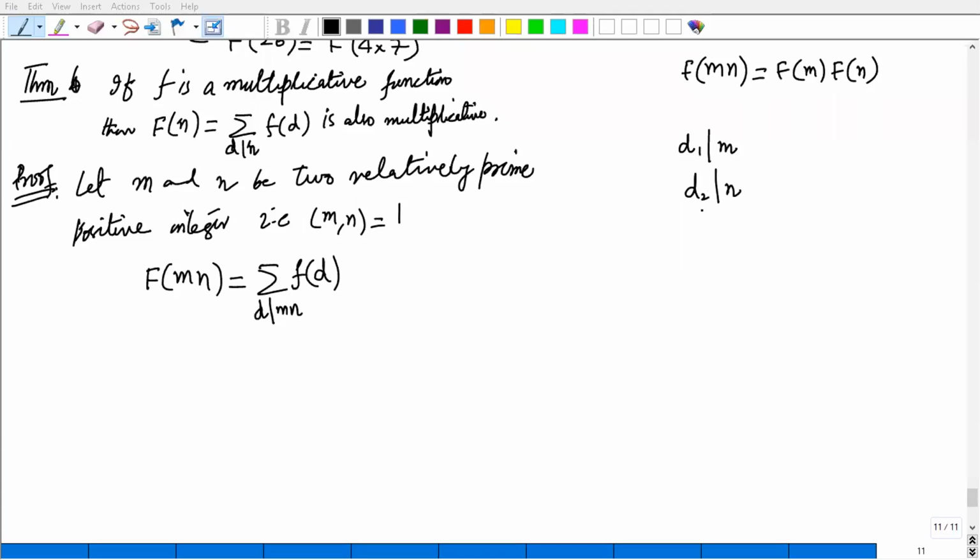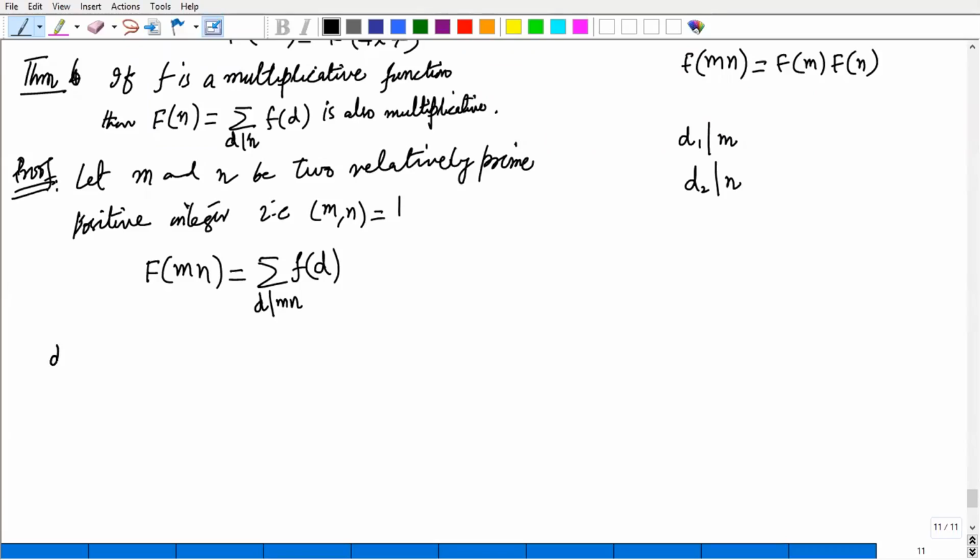Due to the relative primeness of m and n, d1 and d2 are also relatively prime.